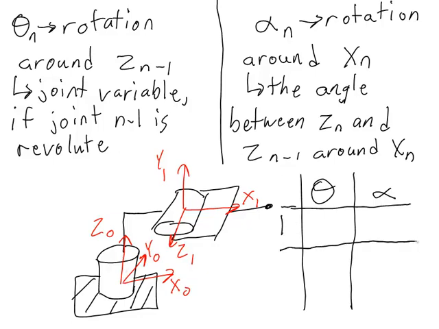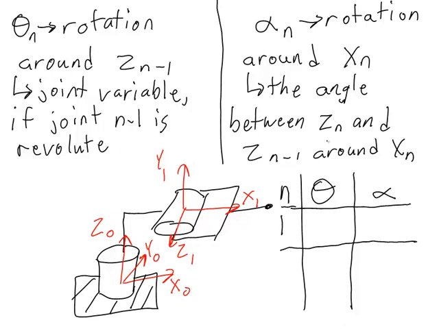If I had more joints, we would be able to find the parameters for frame 1, frame 2, and so forth. This column that I've shown here is the value of n, the frame that we are going to for our homogeneous transformation matrix. So we're going to find the parameters theta and alpha for the homogeneous transformation matrix from frame 0 to frame 1.